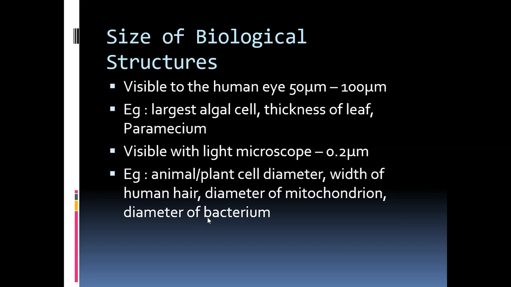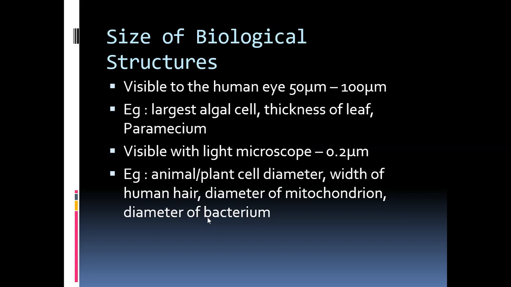And if you still want to observe structures or objects that are smaller than 50 micrometers, then the only way to do that is by observing them under the light microscope. Because the light microscope enables you to see structures or objects as small as 0.2 micrometers, or roughly about 200 nanometers, right?